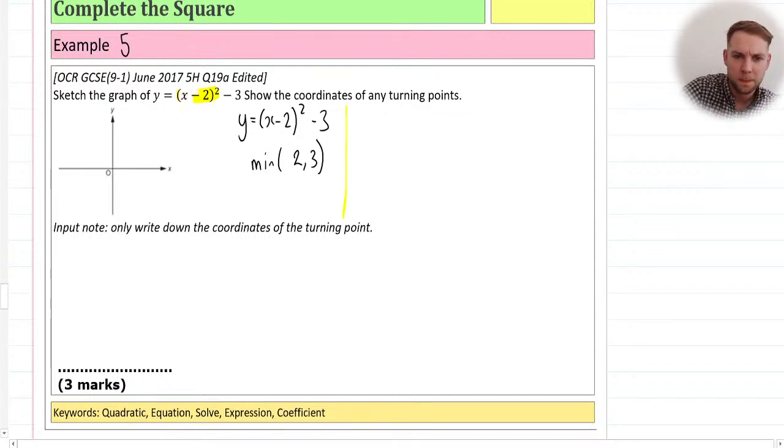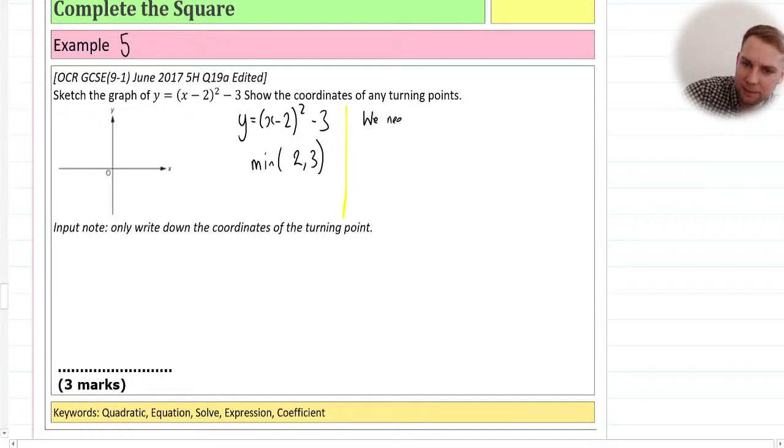So, we need it in the form ax squared plus bx plus c to find the y-intercept. So, let's write that down.